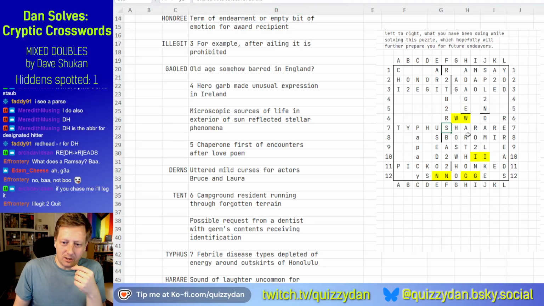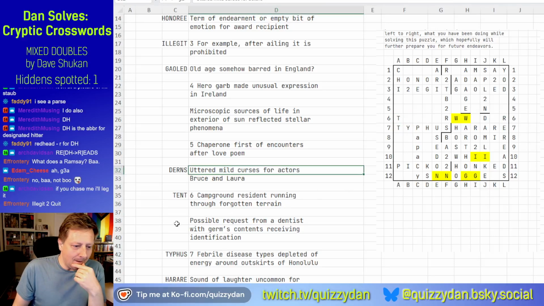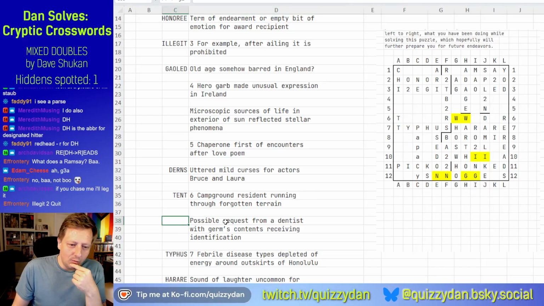But I don't technically know. Tent has to go here. I'll put the T here. Possible request from a dentist. Okay. With germs contents, contents. So ER, receiving identification, WIDER.